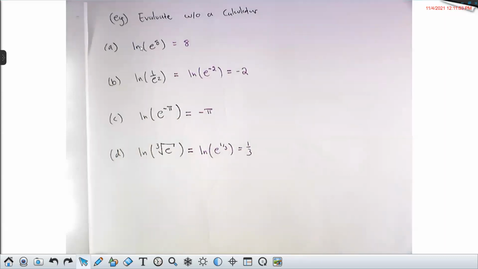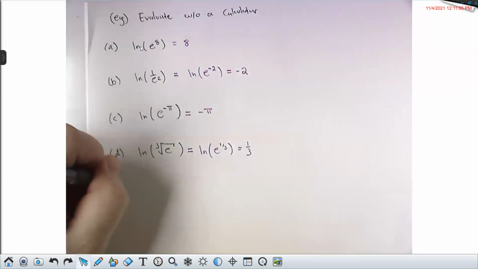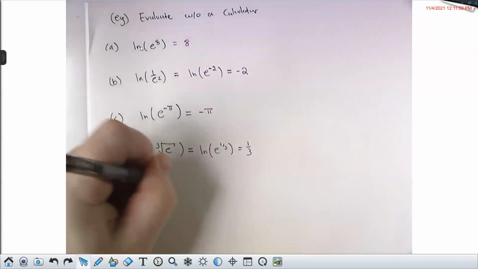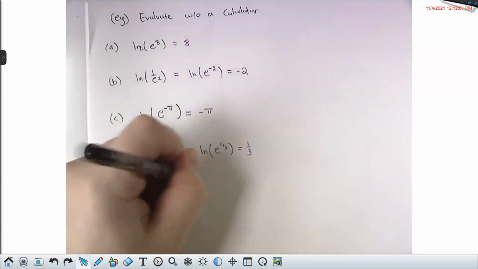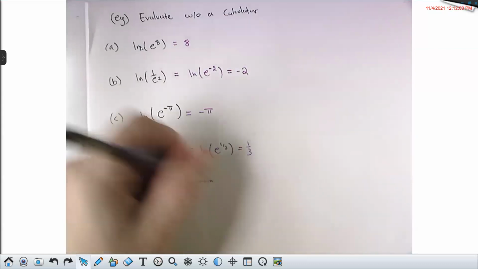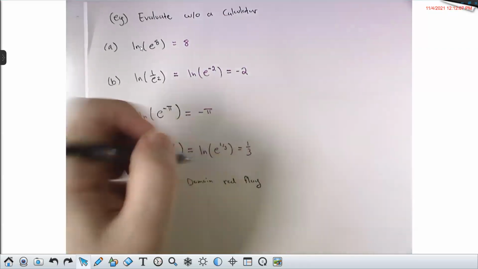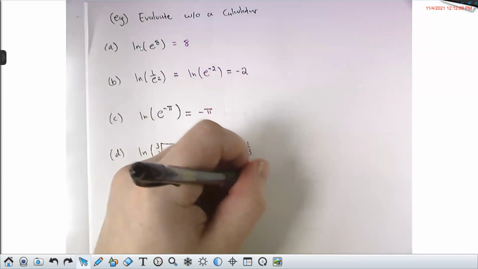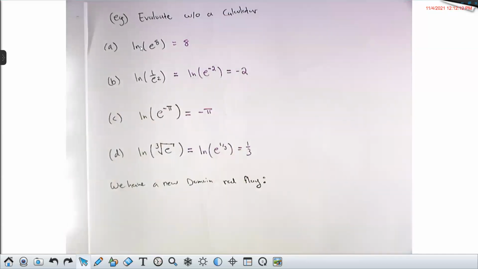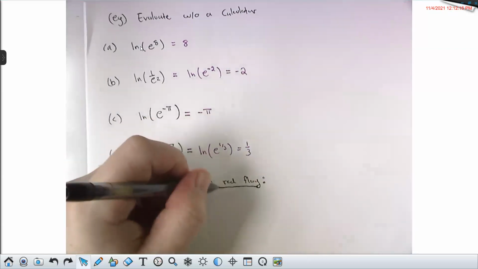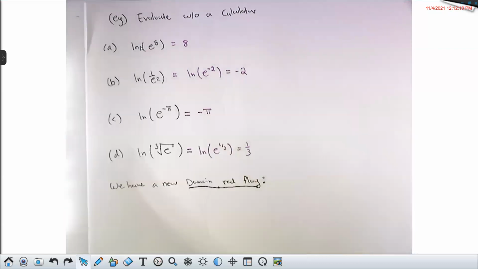My last little note for you. We have now a new domain red flag. Remember, we talked about domain red flags at the start of the term when you're trying to find domains algebraically.